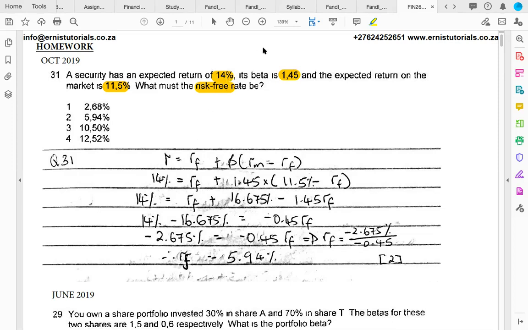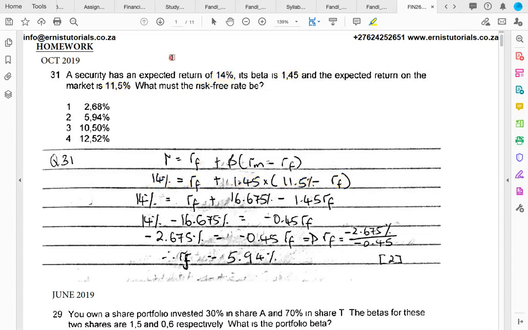We substitute all the information that we've been given. We've been given the expected rate of return, which is 14%. We want to solve for the risk-free rate. We've been given beta, which is 1.45, and we've been given the return on the market. We want to solve for the risk-free rate.